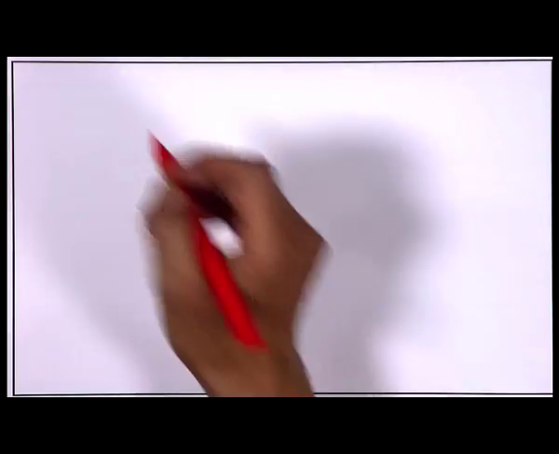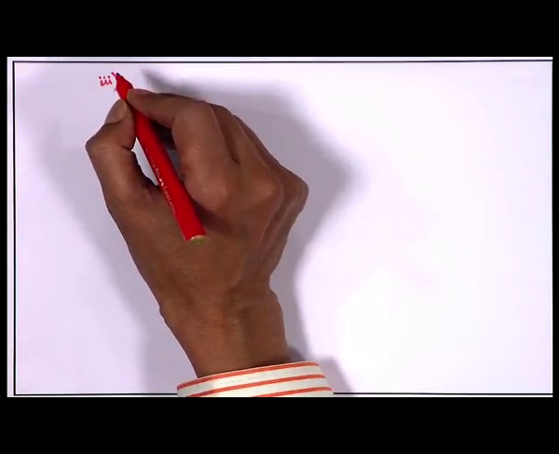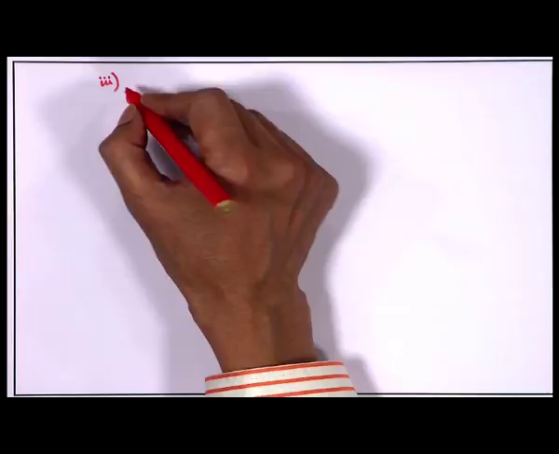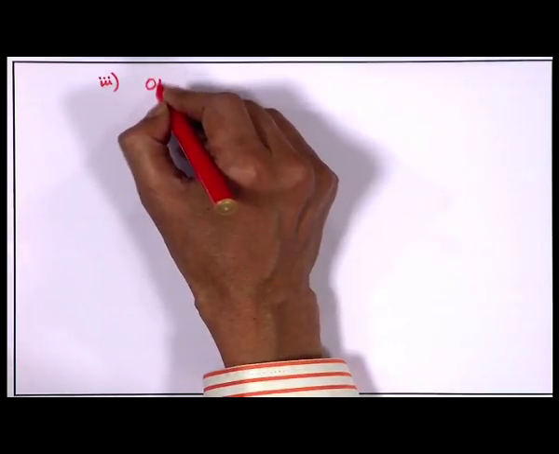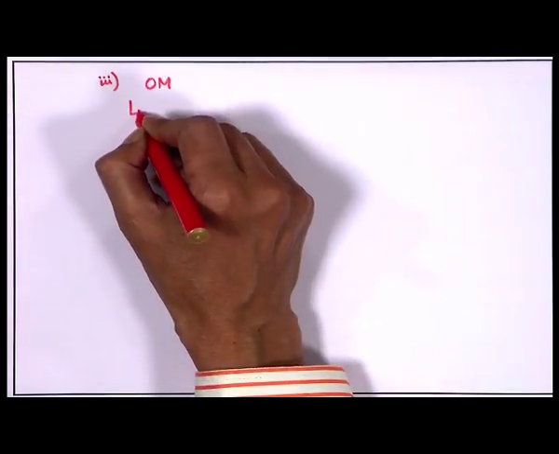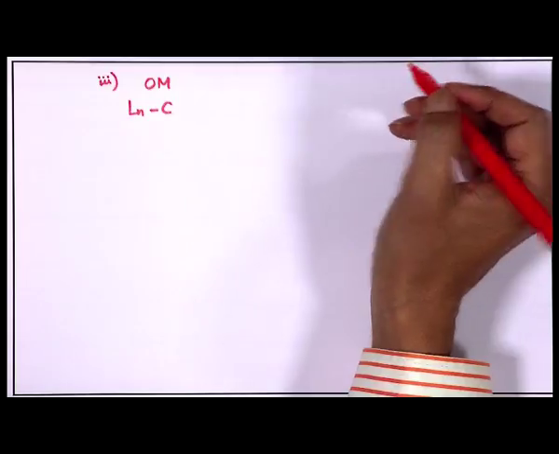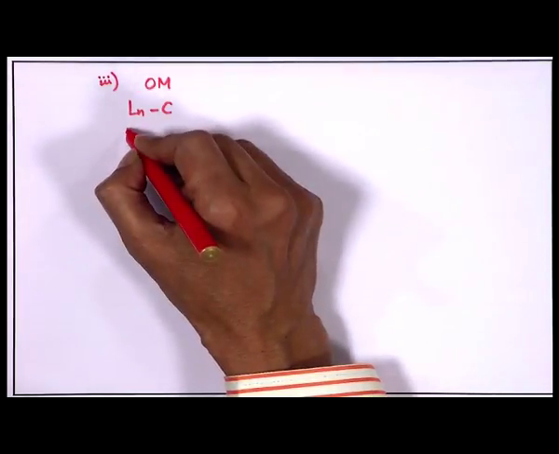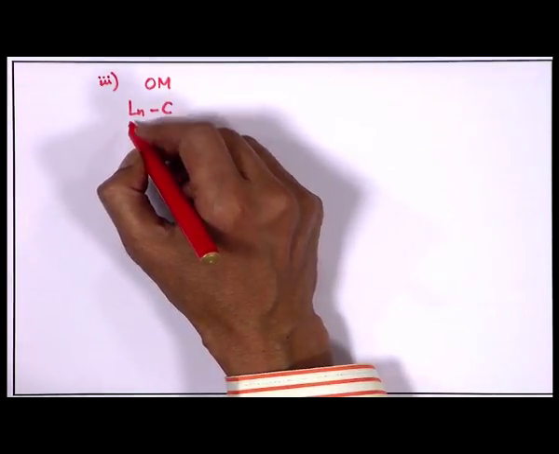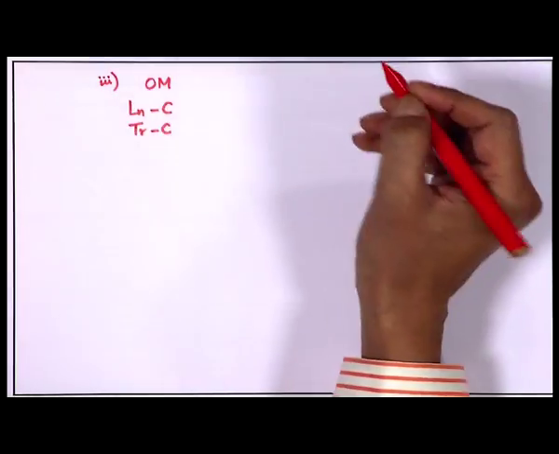So, this is one case, and the third case we can consider along with the effect of the different sizes is if we find some organometallic compound, that means if we have some lanthanum which is bound to some carbon center, and we compare that with a transition metal ion and the carbon bond.